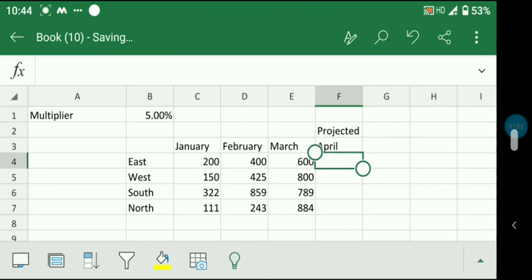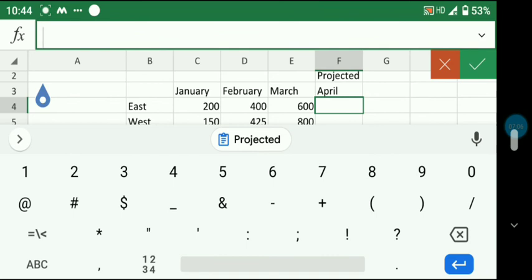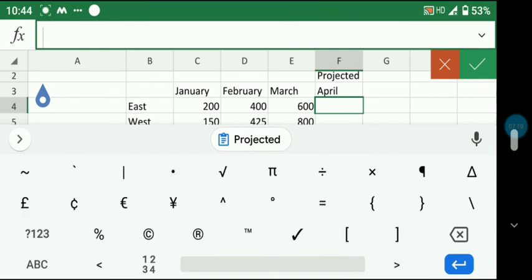So you select the April column. Whenever you are using any formula, in the particular cell where you want to find out the calculation, you have to put the equals to symbol. As soon as you have clicked the equals to symbol, they have given a formula, that is the sales achieved in March.